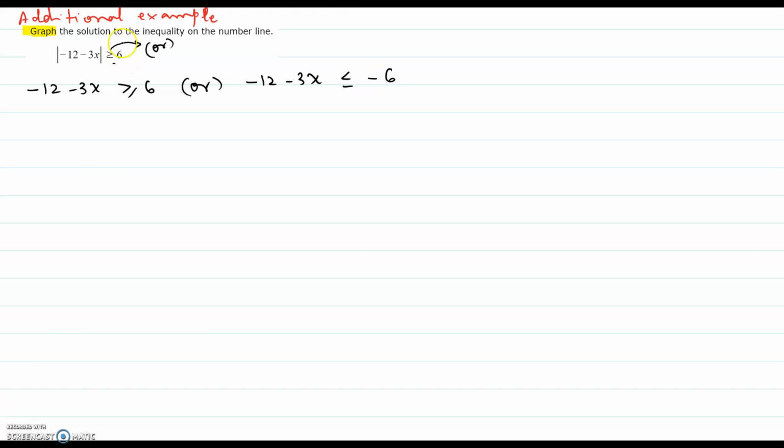Keep in mind, whenever you have a greater than or equal to symbol in an absolute value inequality, it is interpreted as the or compound statement. So there are two inequalities now, connected by the compound statement or. Now we'll solve for x in these two inequalities, then graph each solution set, and then connect them the way or works for the inequality.